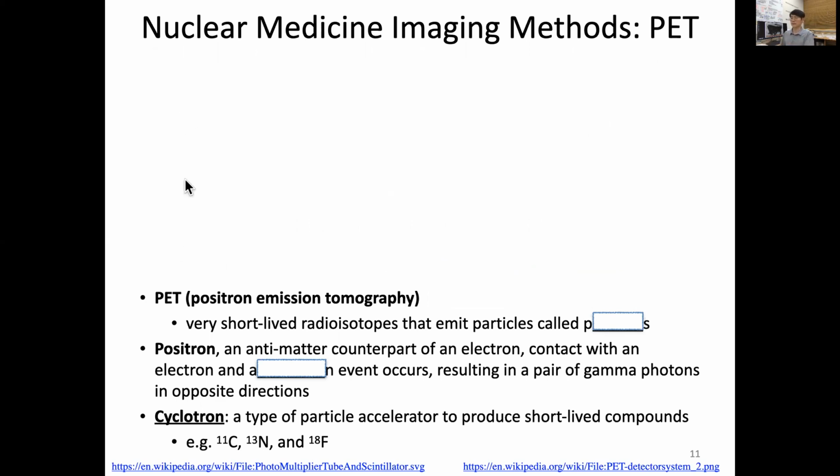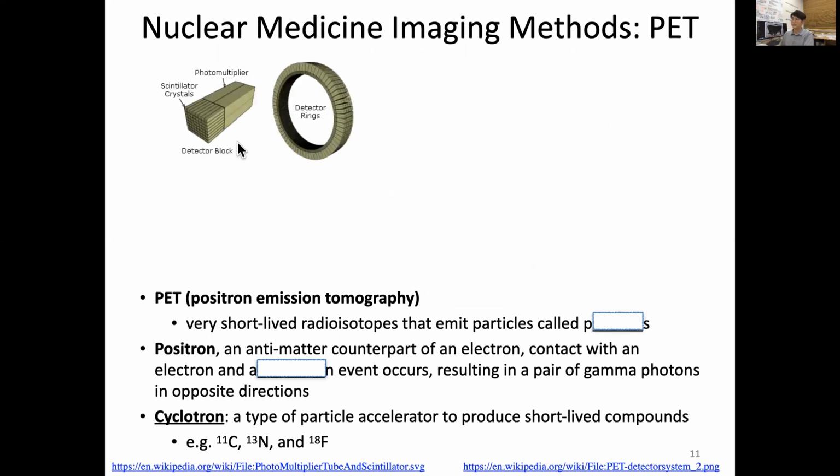First, the detector side. PET uses a detector with a PMT, a photomultiplier tube, which detects photons very fast and sensitively. However, nuclear medicine starts with a gamma ray, so we need to convert the gamma ray into photons. That is what we call scintillator crystals.